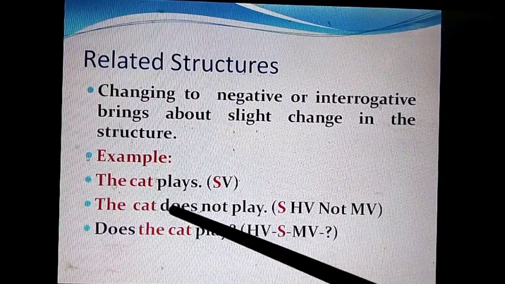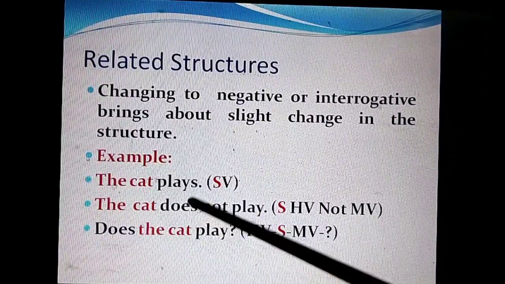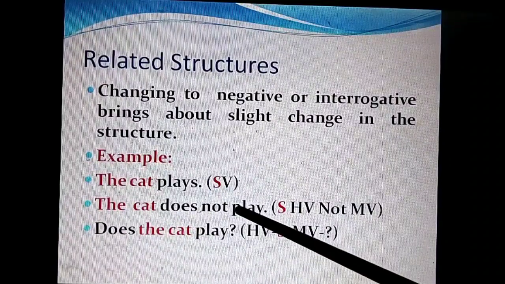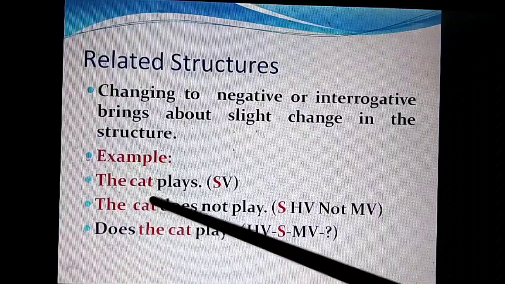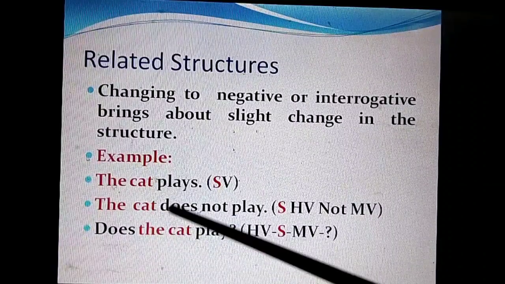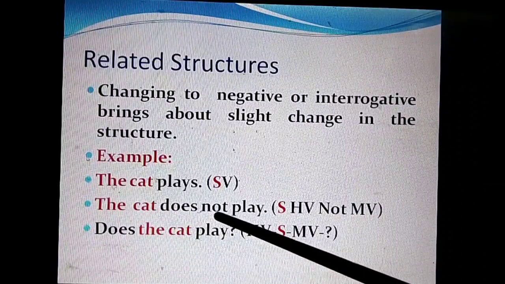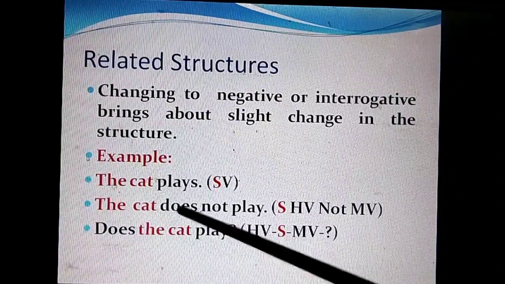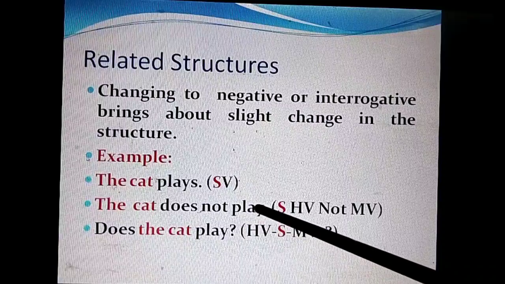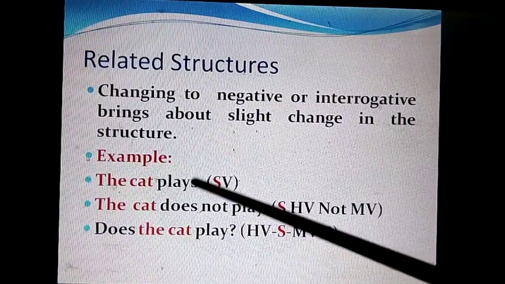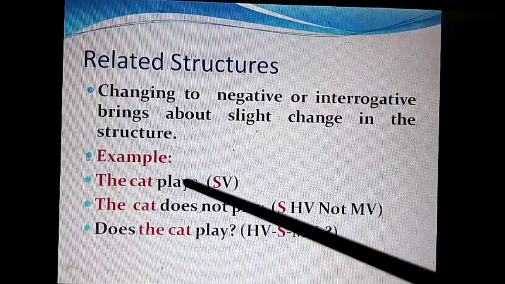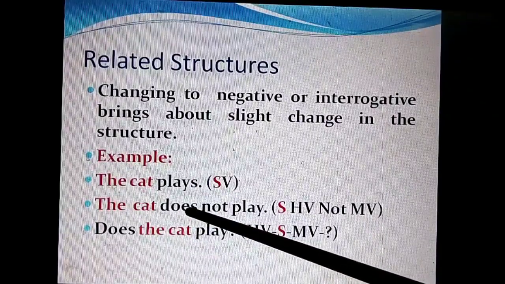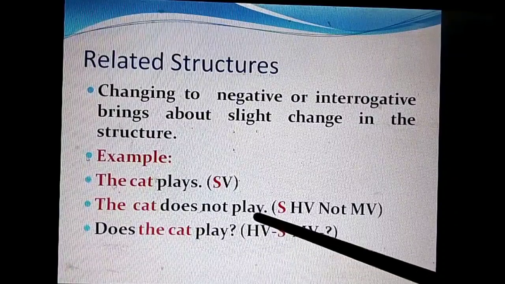Now from this we can make a negative sentence. A negative sentence brings a slight change in the structure, and you already know that we have to use a helping verb and we have to use not. And if we are using s or es in the helping verb, then we cannot use it here like it was in the affirmative sentence. So in a negative sentence the helping verb takes s or es, and that's why here we don't use it.